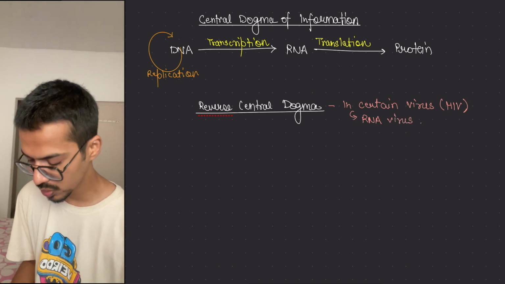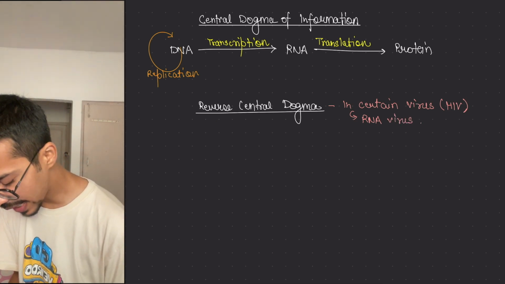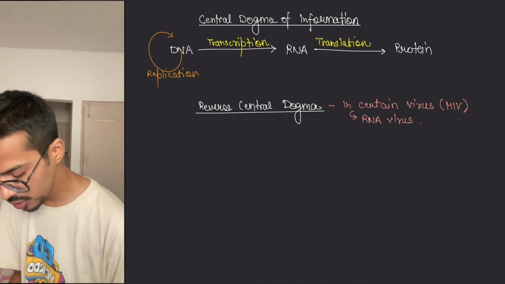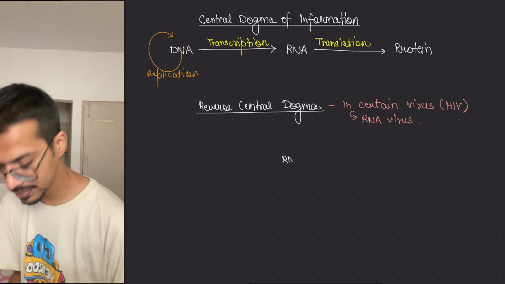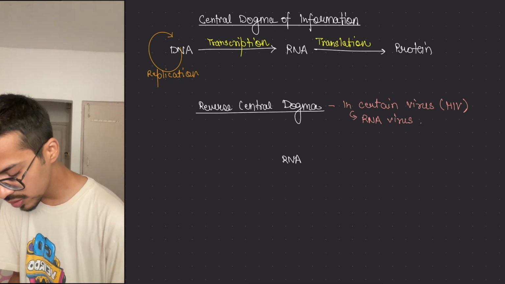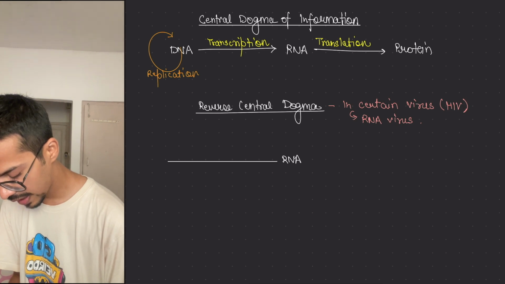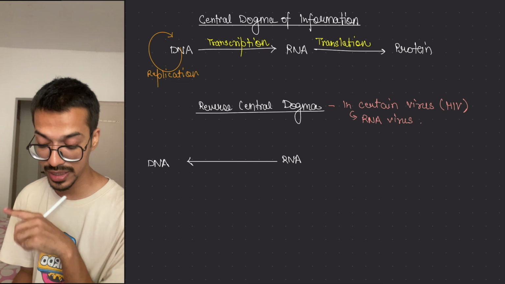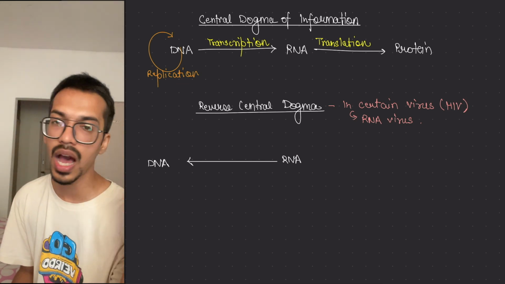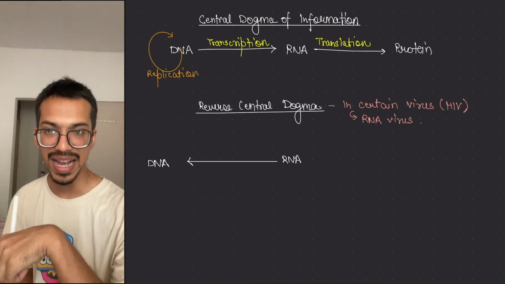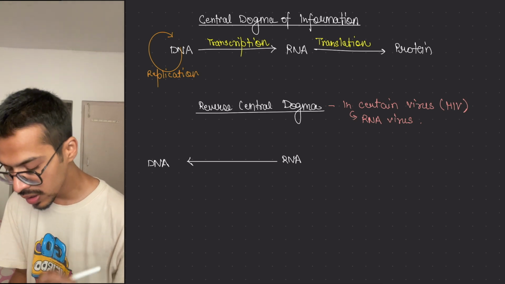What happens in them is that normally they have RNA present, and they go back and form DNA. Till now we have said that DNA will make RNA only, not back and forth, but here it goes back and forth.